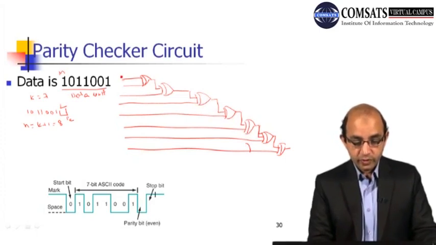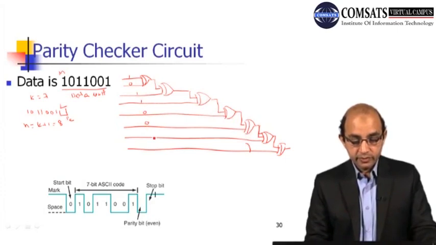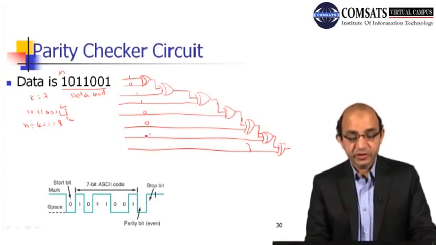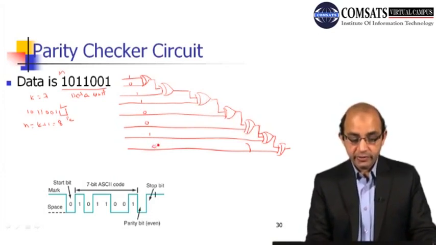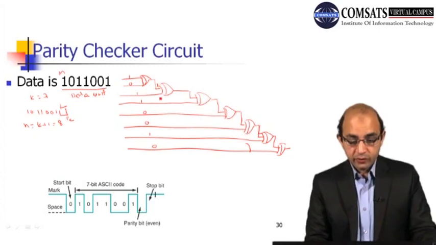So let's put it like this: 1 0 1 1 0 0 1, and this is the parity that has been generated, that was 0 because we are using odd parity. So 1 0 1, 1 1 0, so let me place 0 over here.